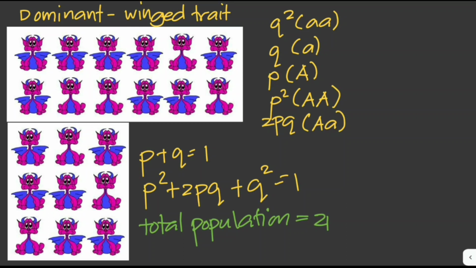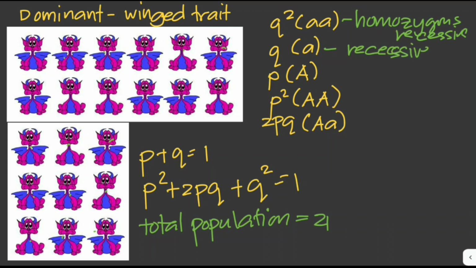Okay, let's define the variables first. q squared here is the frequency or the percentage of homozygous recessive, and q is the frequency of the recessive allele in the population, and then p, which is denoted as big A, is the frequency of the dominant allele in the population.